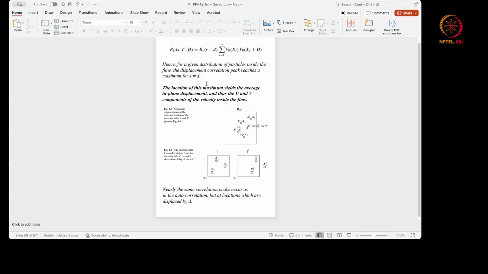The displacement correlation peak reaches a maximum for S equal to D, and the location of this maximum yields the average in-plane displacement. This is exactly what happens, and this is how the cross correlation technique works. The peaks are nearly the same as autocorrelation for this 3-particle exposure, but the locations are displaced by D.